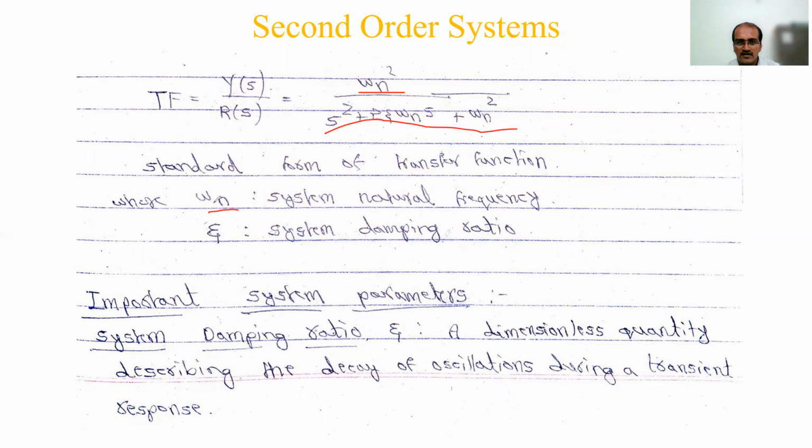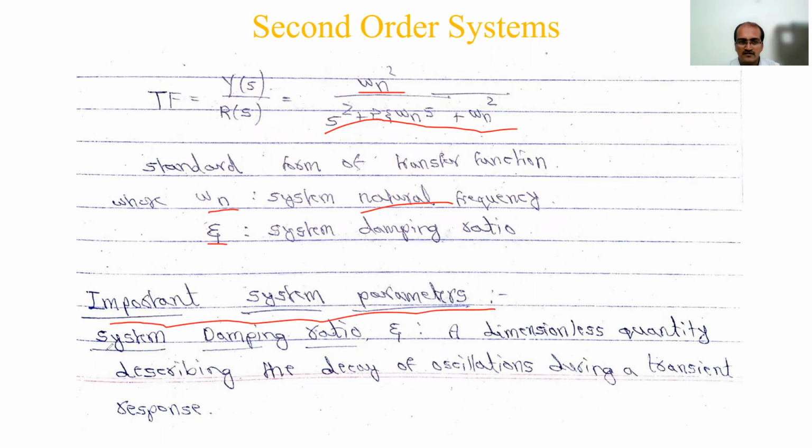Omega, you already know, is angular frequency. N stands for natural. And zeta or xi is the system damping ratio. This is very important. What is meant by damping we will understand, under the important system parameters of second order systems.